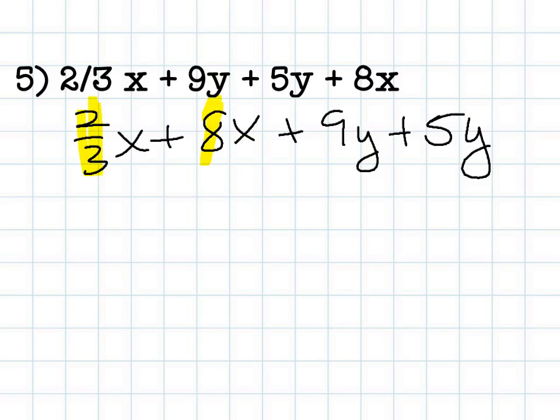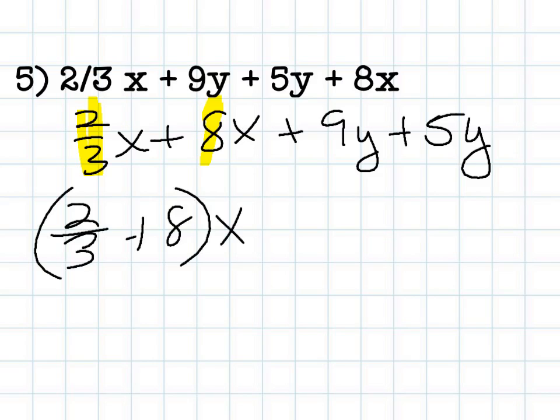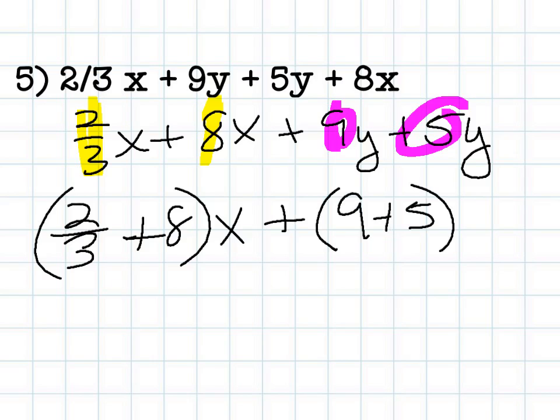So we would now have 2/3 plus 8x, and then we would do the y's. So we would have to combine the 9 and the 5. So we would have plus parentheses, 9 plus 5 y.